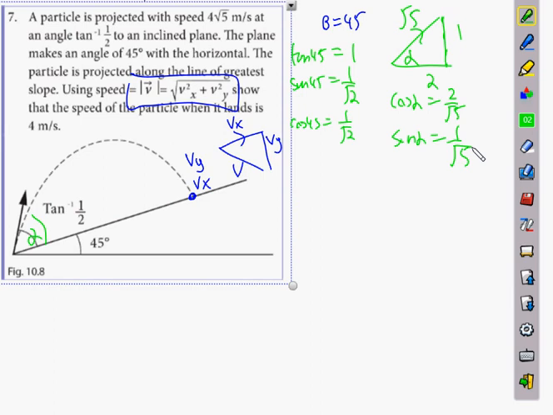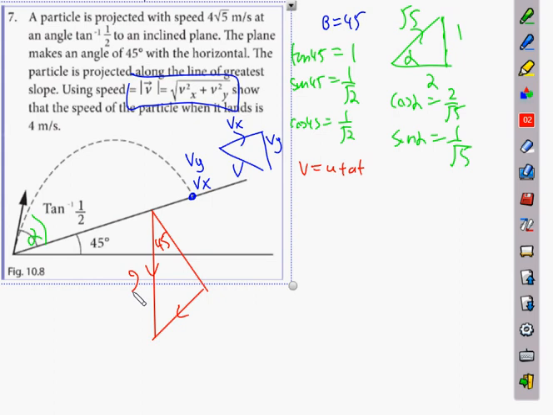Okay. Upon completion of that, we're now going to go after vx and vy. Okay. v equals u plus at. Now, I haven't done my gravity triangle yet. Once again, your gravity triangle is always the same angle as the inclined plane. 45 here, full extent of gravity going straight down.